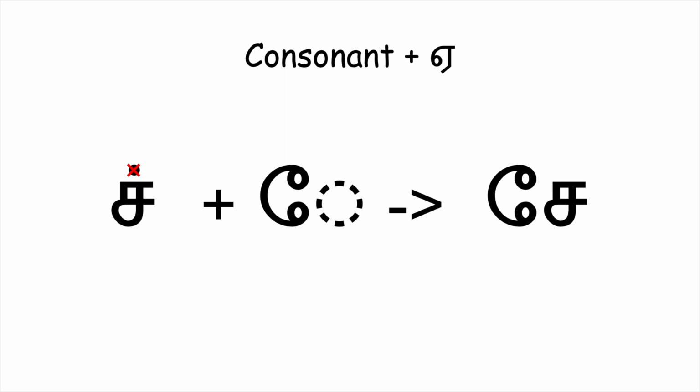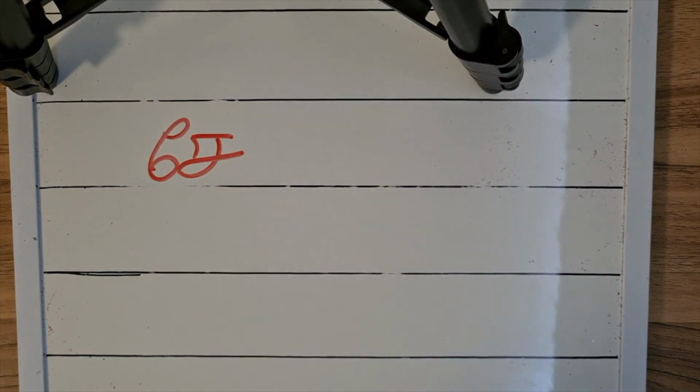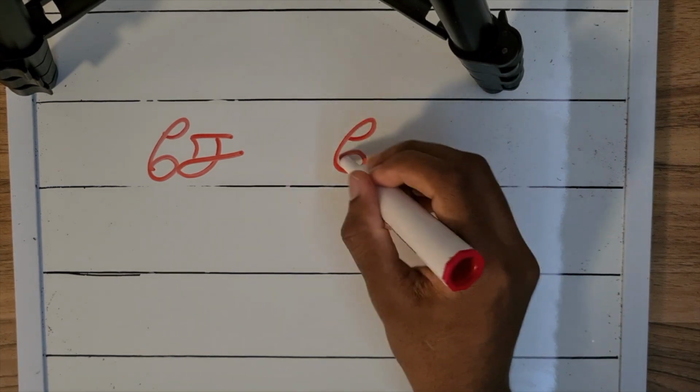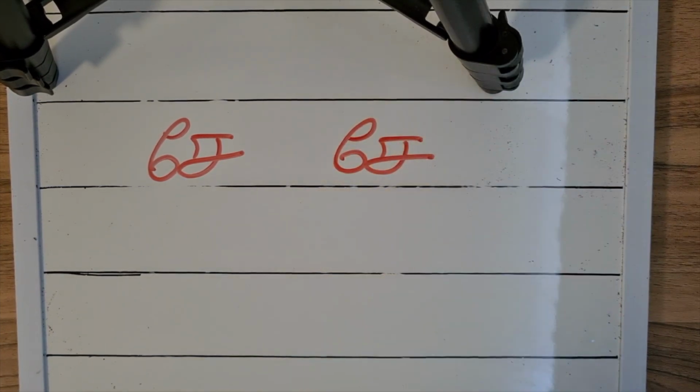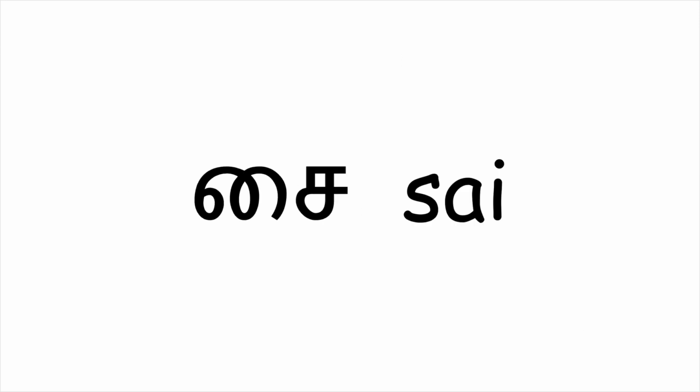Let me show you how to write se. An example word that starts with se is shannon, which means saddle.